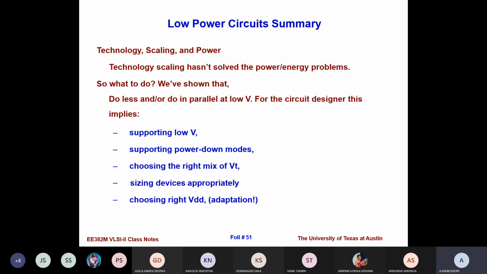To reduce it, we follow many techniques: scaling, software and hardware co-design, and also some architectural approaches and system level approaches. Our main agenda is that whatever IC we manufacture should operate successfully under the low power category. That is about today's class.